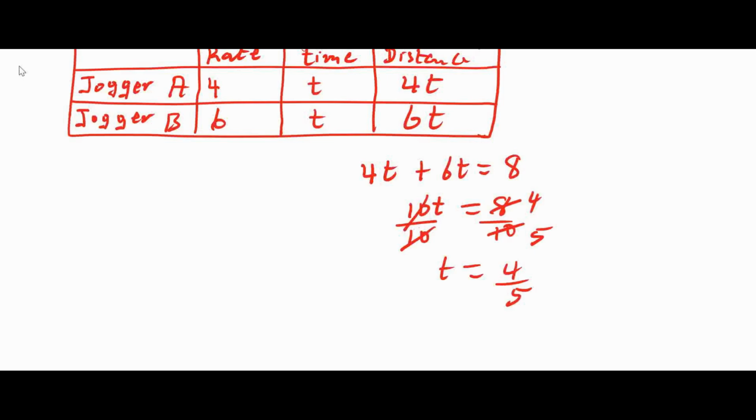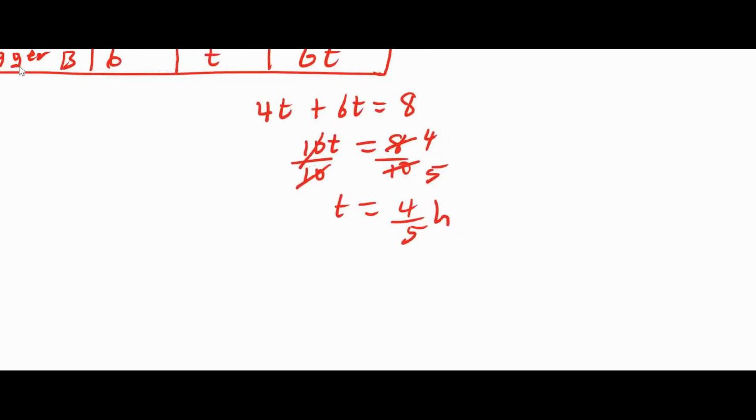So this is the time spent, and because this time is in hours, we can convert this to minutes by simply multiplying by 60. So 4 over 5 times 60. 5 into 5 is 1, 5 into 60 is 12.